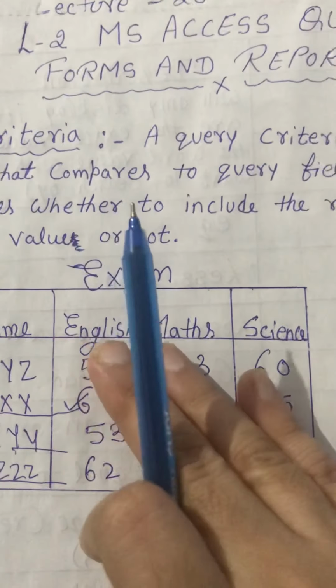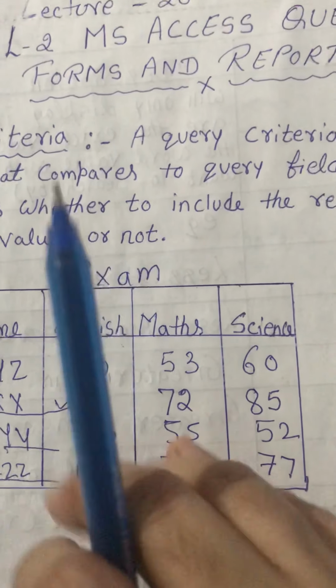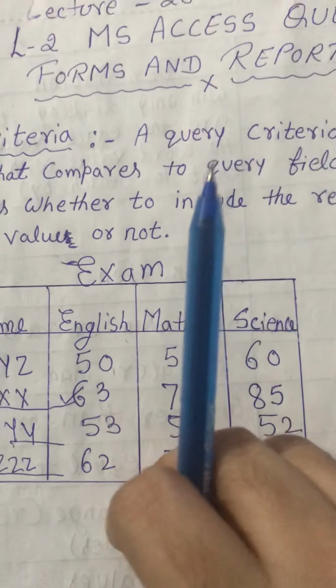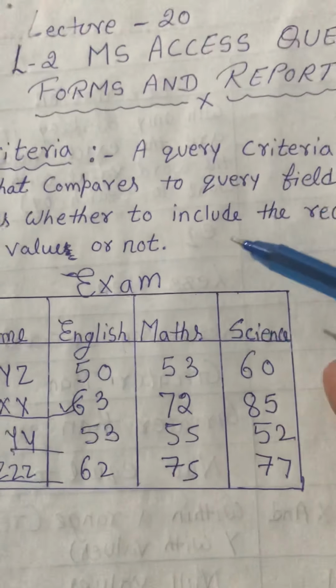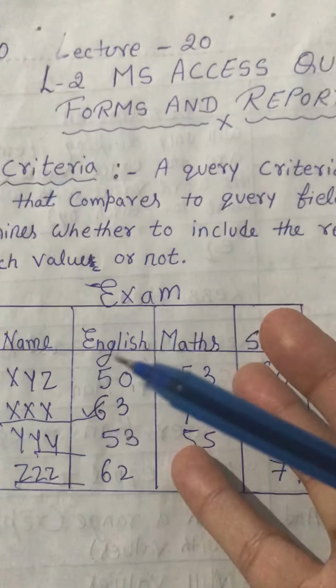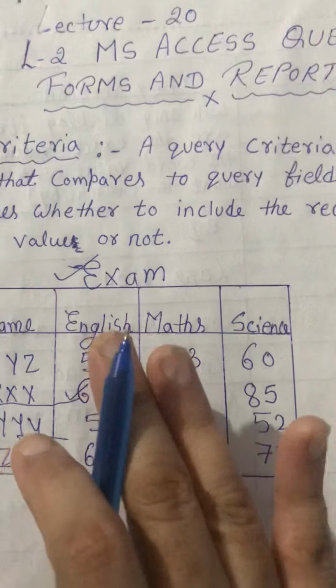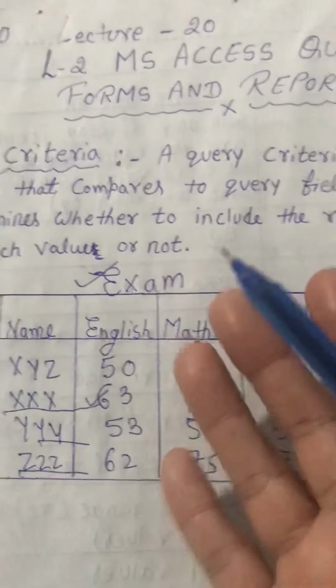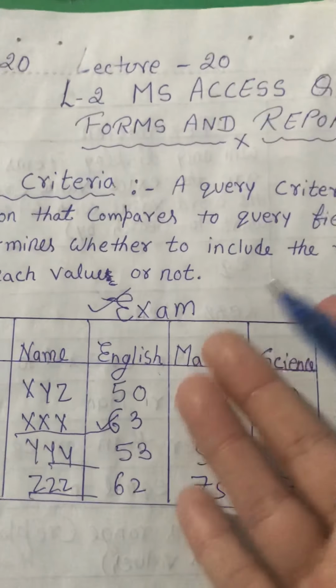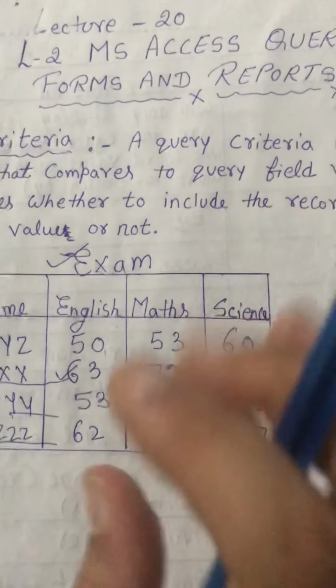A criteria is similar to a formula. It is a string that may consist of field references. Reference means address: what is the address of this table? This table name is exam. And operations, what you want to do: add, delete, or modify.